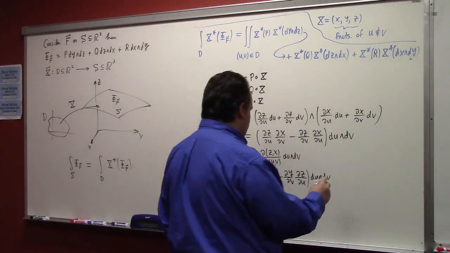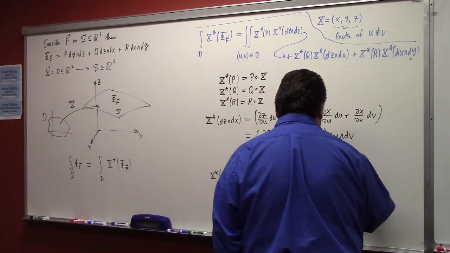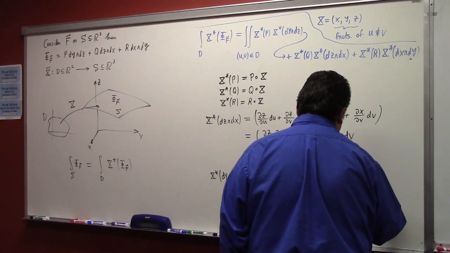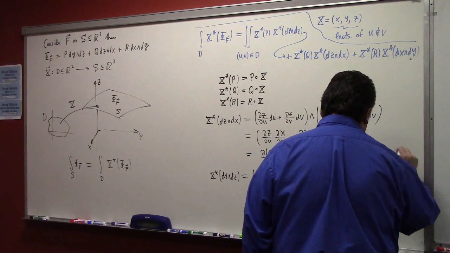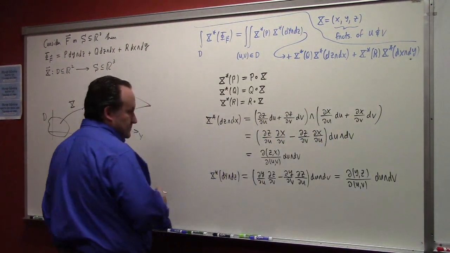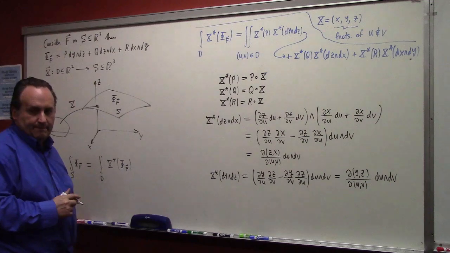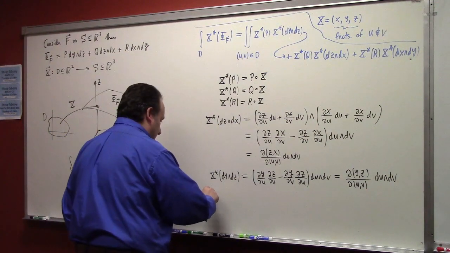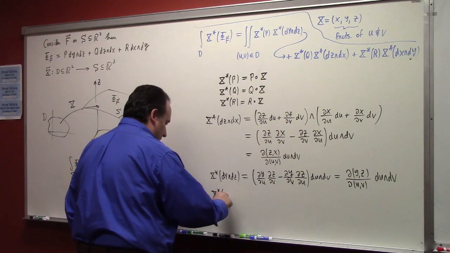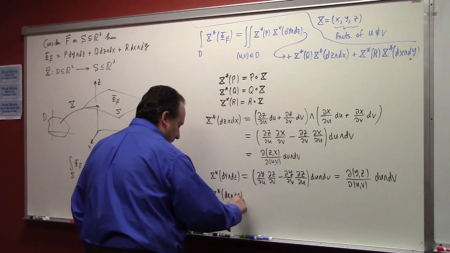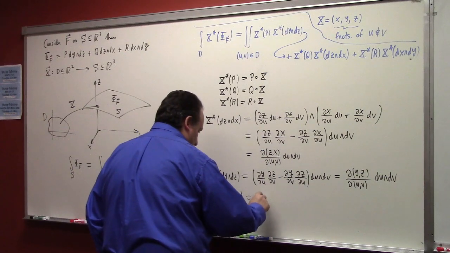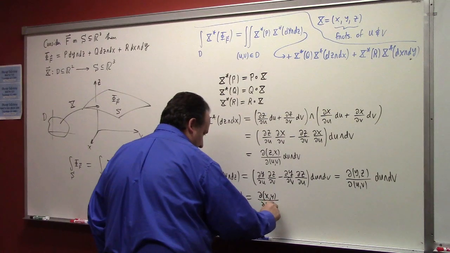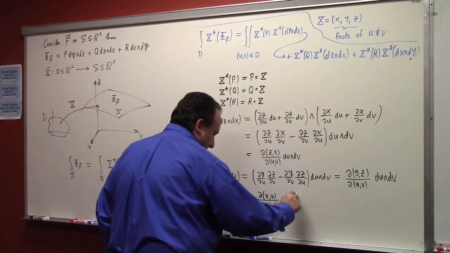Or if I use H.M. Edwards fancy schmancy notation, partial y comma z, partial u comma v, du wedge dv. And likewise, the pullback of dx wedge dy is going to work out to partial x comma y, partial u comma v, du wedge dv.